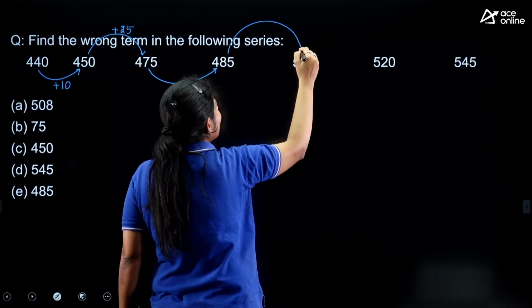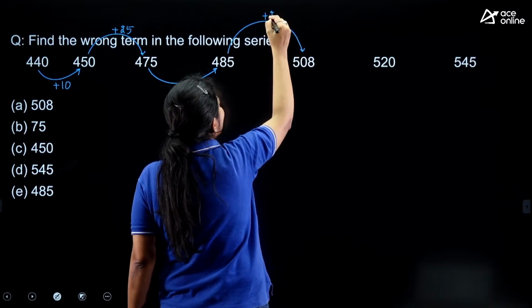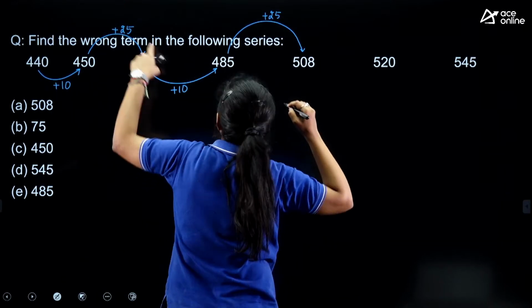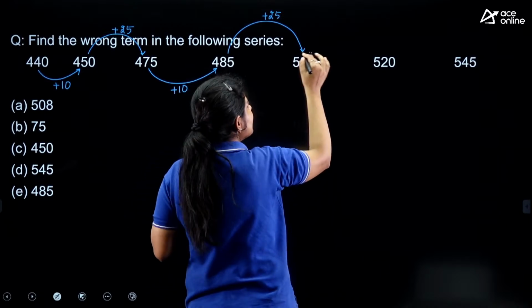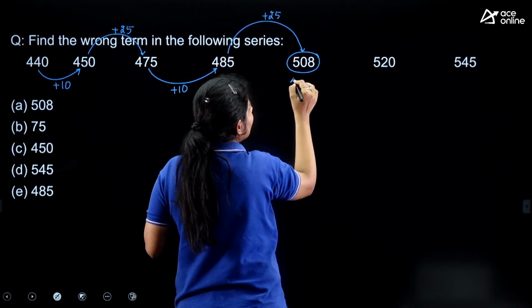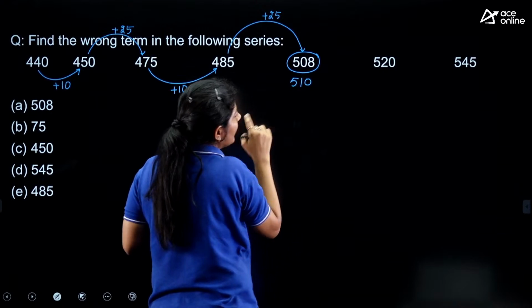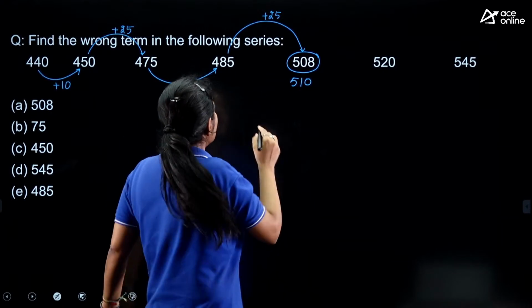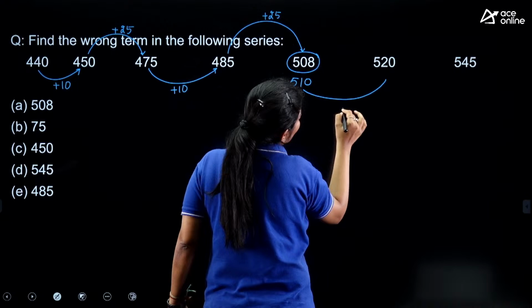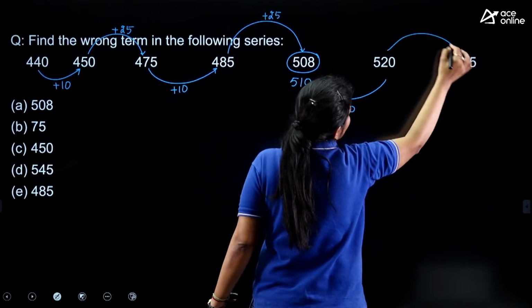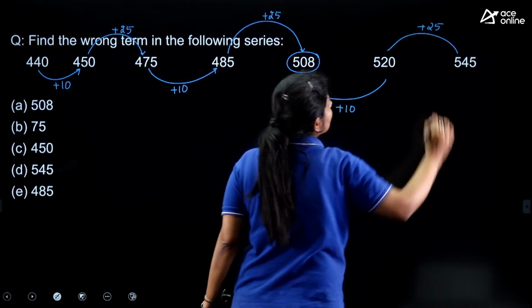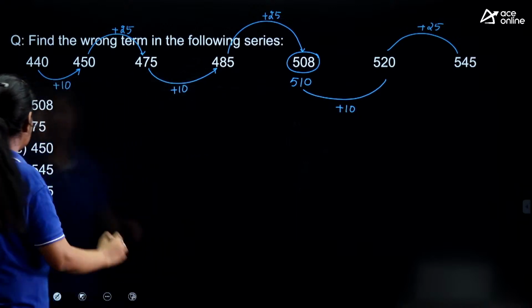Again here I need a difference of plus 25 just to make them a series. That means instead of 508 I need 510. Now if I see again, I'll get a plus 10 and again here I am having a difference of 25. That means the wrong term over here is 508.